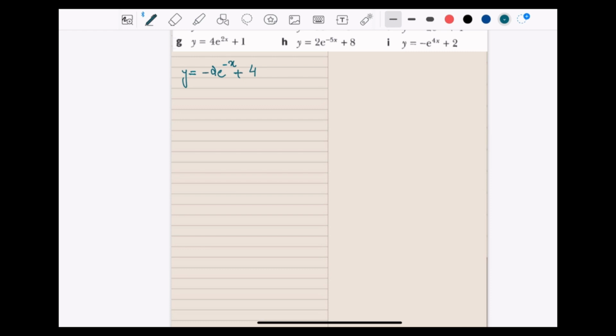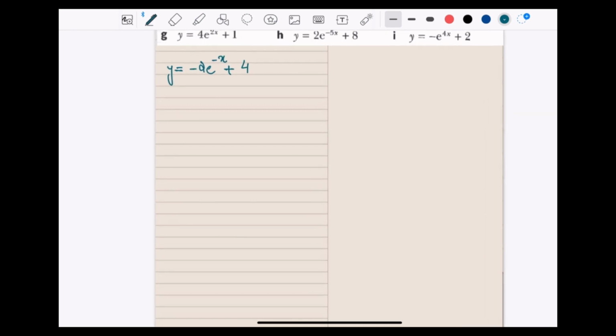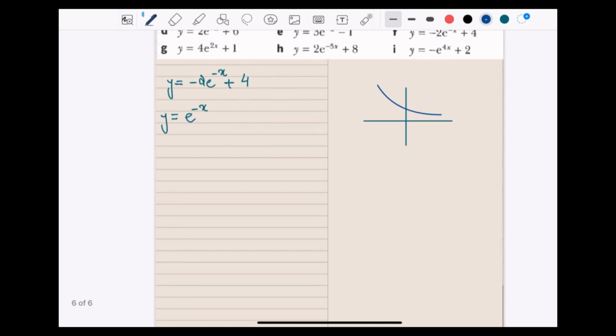So straight away I can see that e to the power negative x is going to look like this, passing through the same (0, 1).